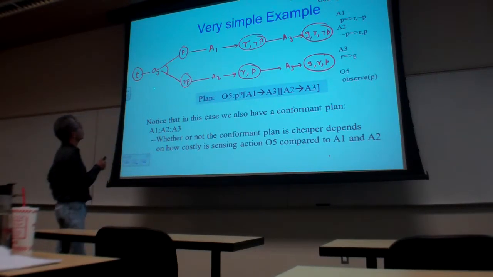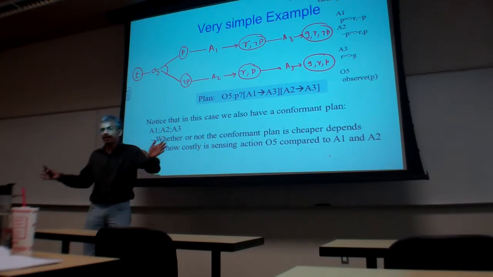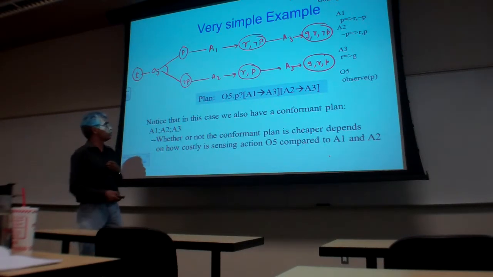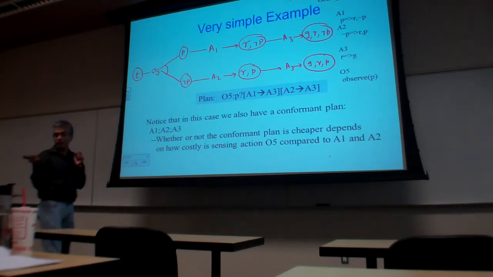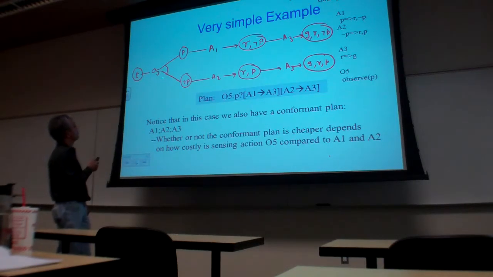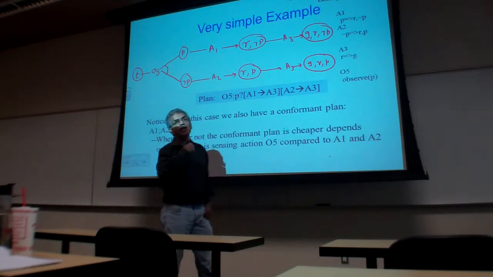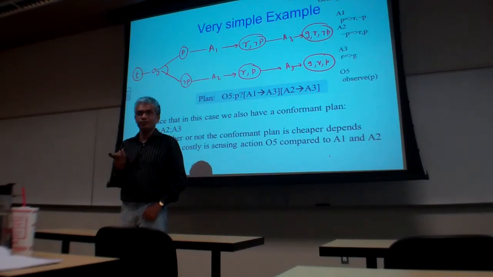Okay, so if I start from here, I'm actually not going to draw the entire search diagram, I'm just going to show one trace that gets you to a plan for this problem. Suppose I were to do O5, which will be in the search space, right? You're considering non-deterministic choices. In the initial state, let's assume that we don't know anything at all about what the current state is.